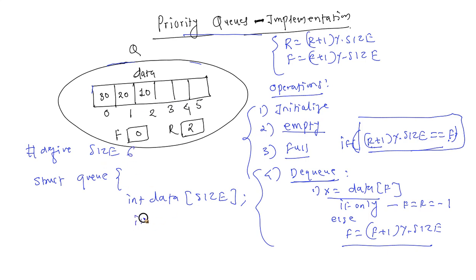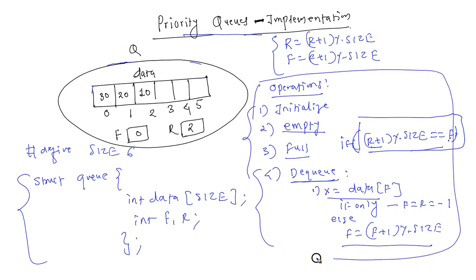And then I have int f, r. It's the same structure; we have been using the same structure for all the queues which you have seen so far. For queue implementation using arrays, whether it's a linear queue, circular queue, or doubly ended queue, we use the same structure. And all these operations are exactly the same as the operations which we saw for the circular queue. The only change is in the insert operation, or NQ operation. There is a change. We'll see what that change is.